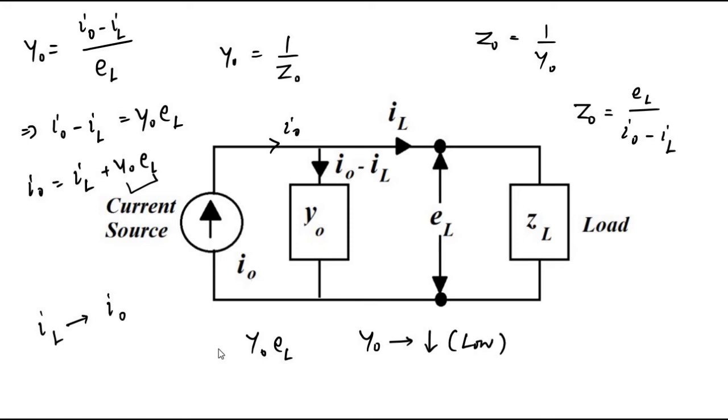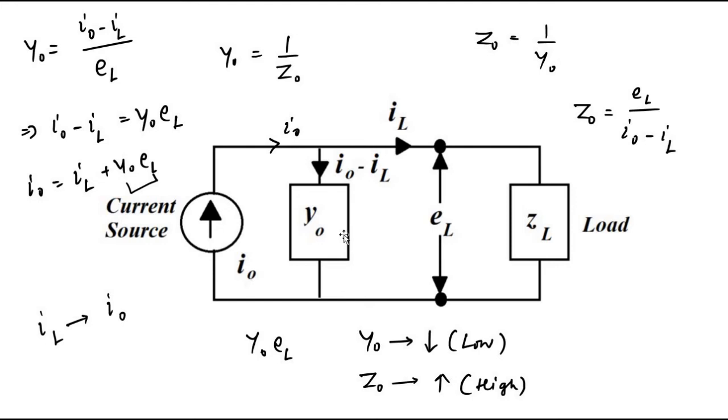The output admittance should be low, or we can write it in a different way as the output impedance should be high, because they are reciprocal of each other. So never get confused. Admittance is the reciprocal of impedance, whether it is at the input or output. Whether you write Y0 or Z0 does not make any difference, but you have to keep in mind that they are the reciprocal of each other.